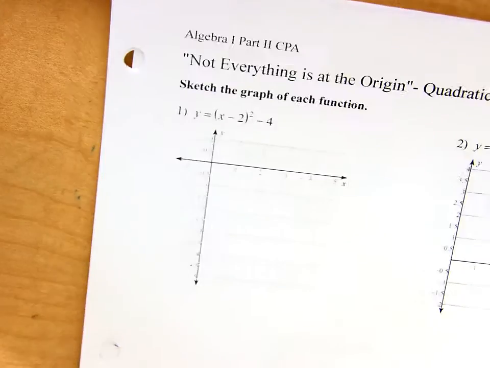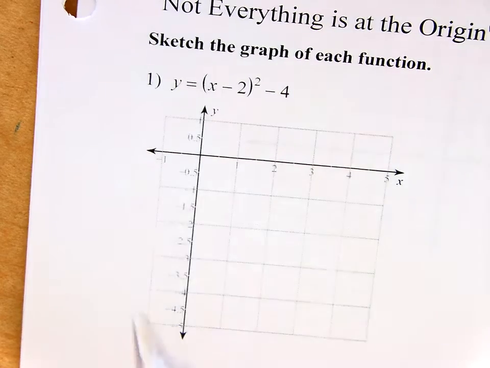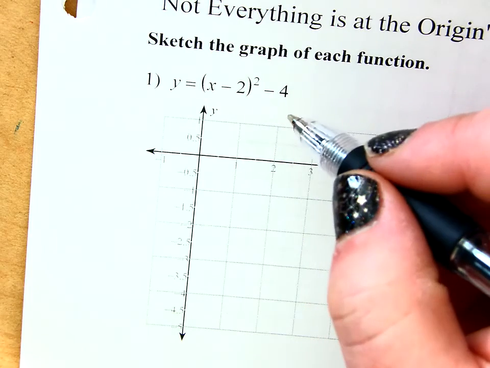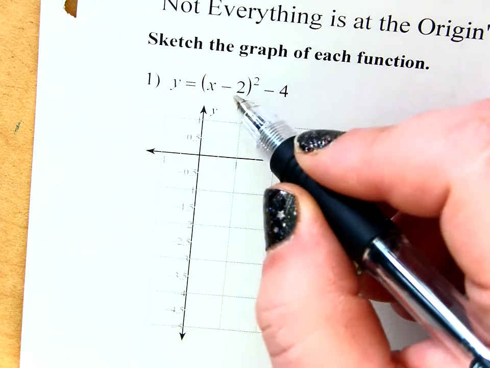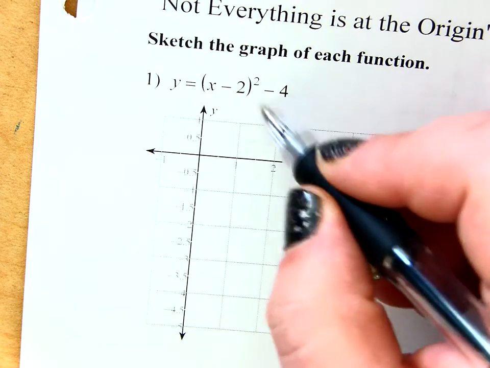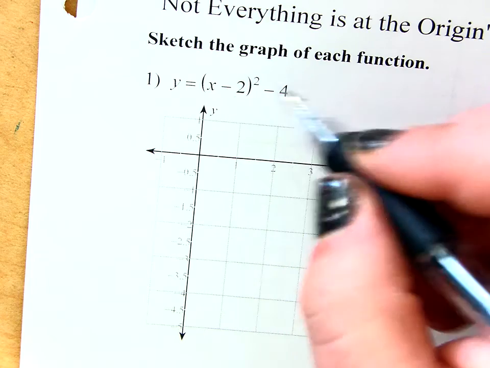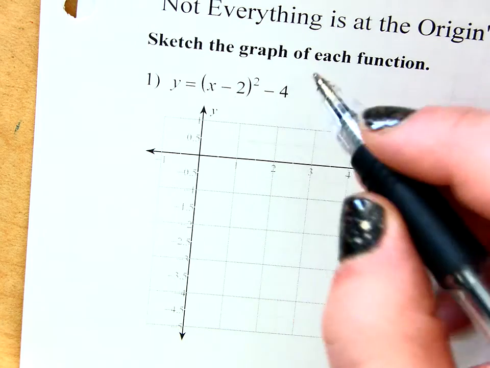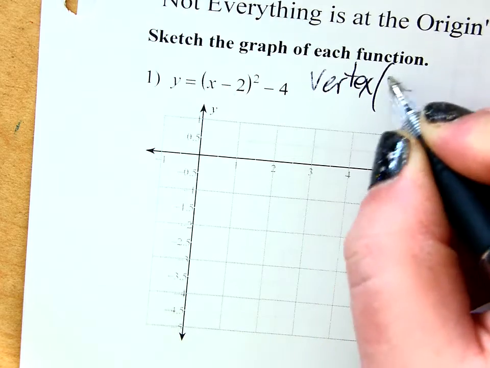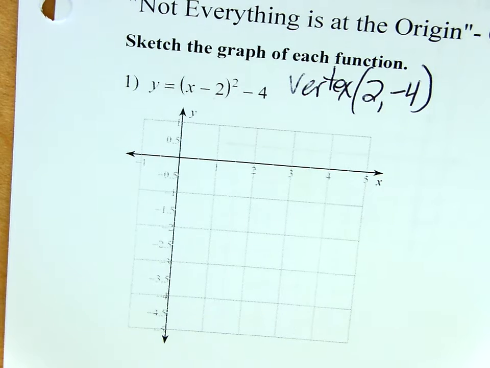So if we just look at the first one, all right, so remember, I can just look at this and figure out what the vertex is. It's always the opposite of this number, that's our H value, and then the K value is over here. So the opposite of this one, comma, whatever that one really is. So your vertex would be at +2, -4.